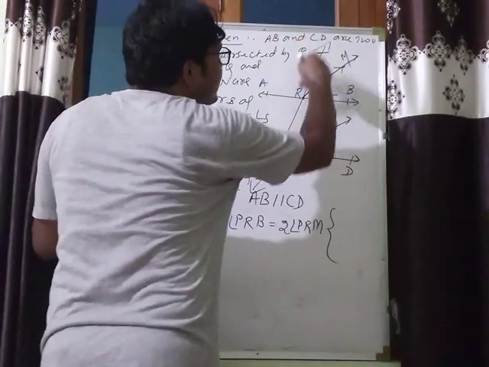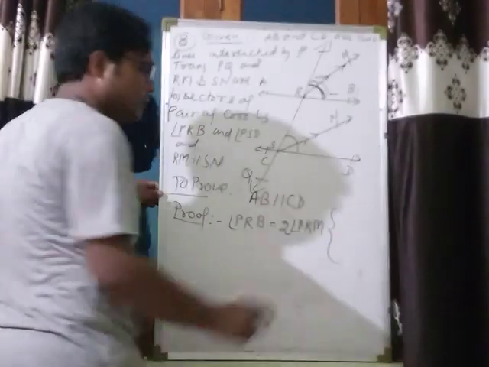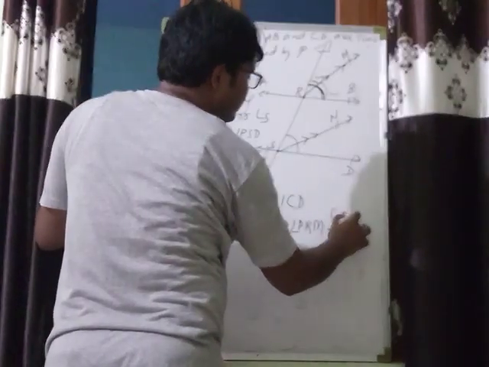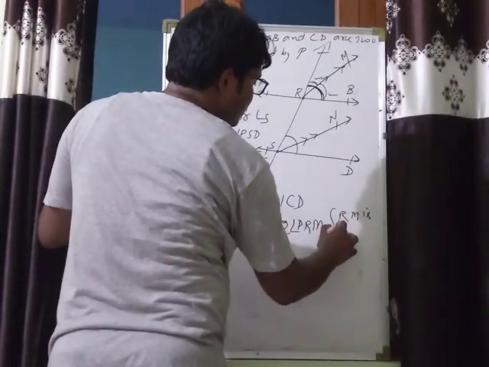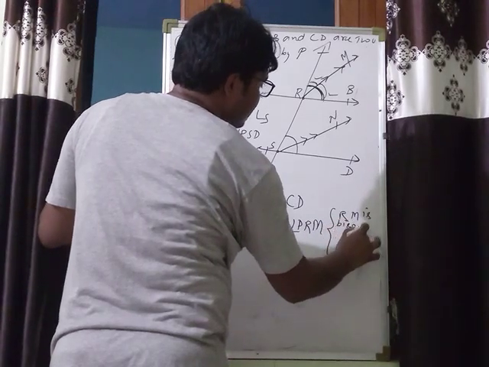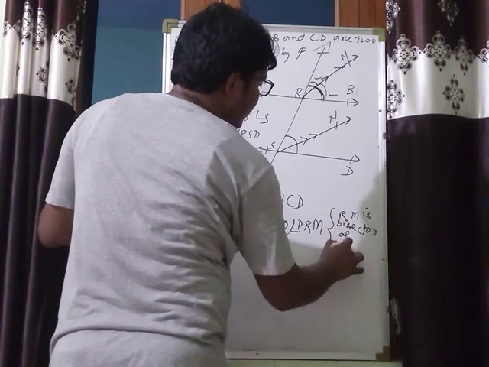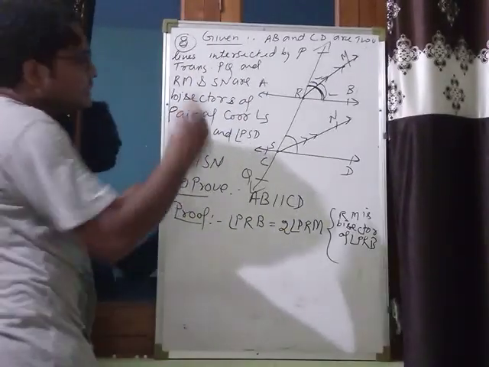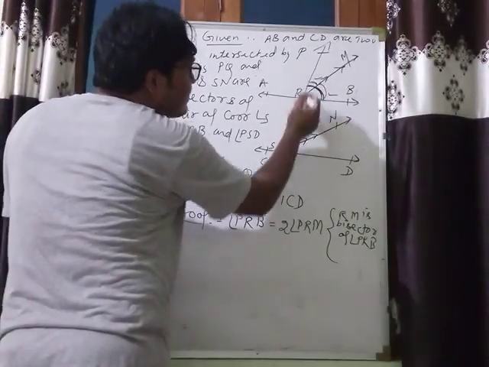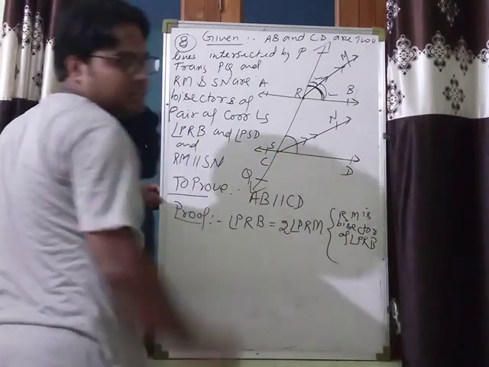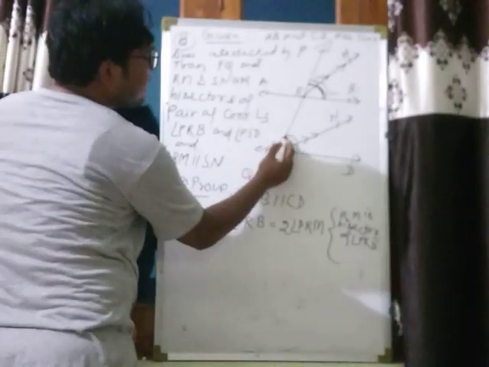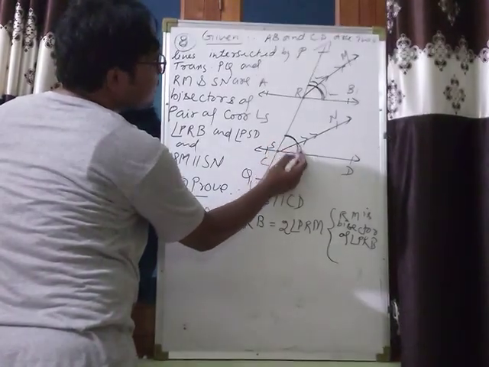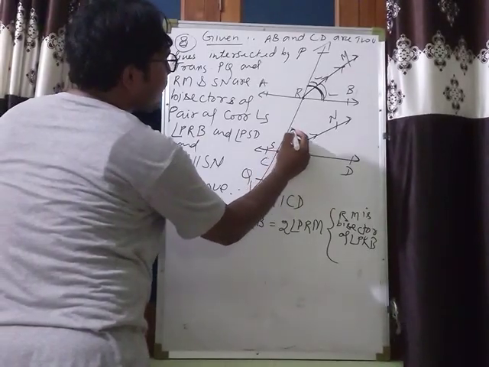Because RM is bisector of angle PRB. And in the same way, because SN is bisector of PSD, this one should be twice of this angle.